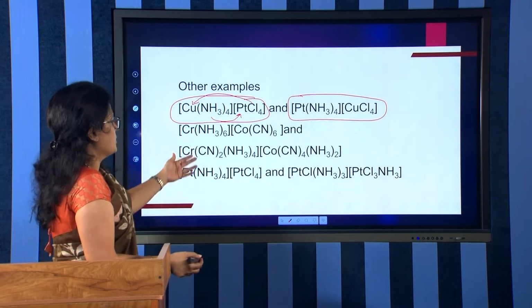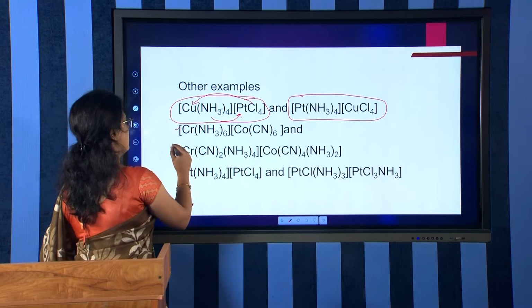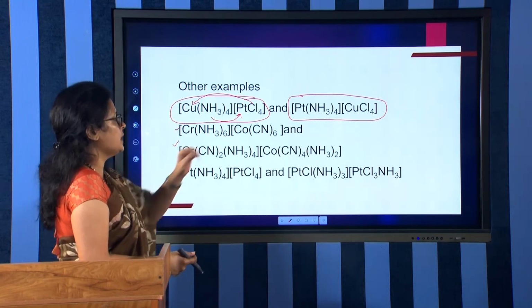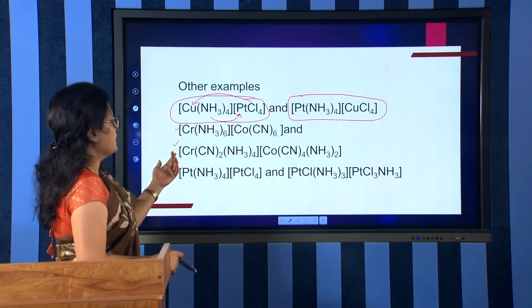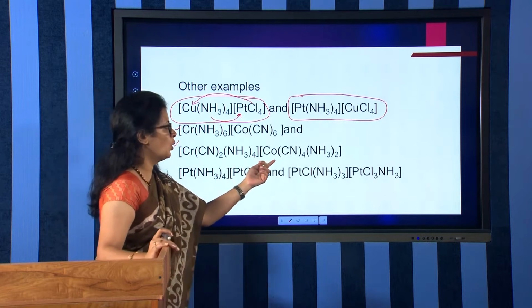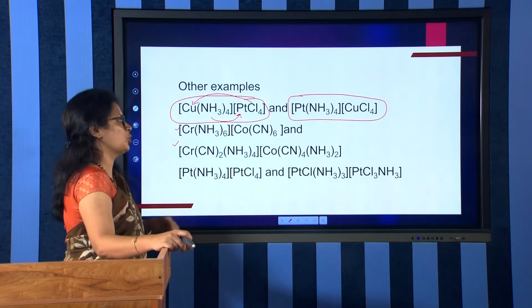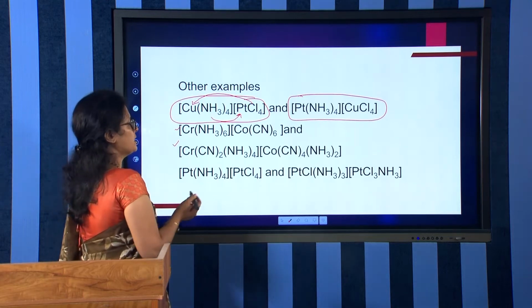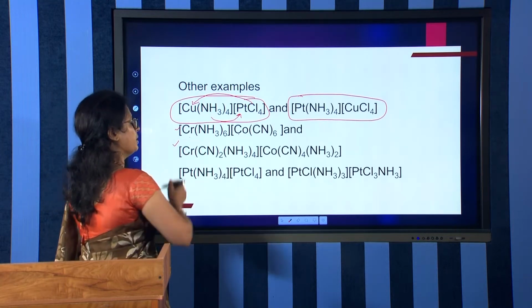Again, these two are coordination isomers. How does it become so? [Cr(NH3)6][Co(CN)6]. In the second case, [Cr(CN)2(NH3)4][Co(CN)4(NH3)2]. What is the difference? The ligands are being exchanged between cobalt and chromium.